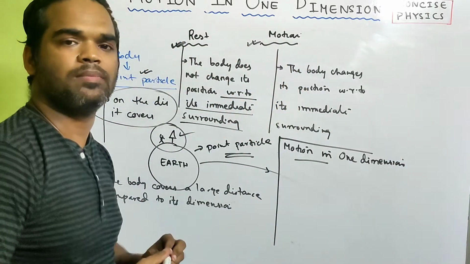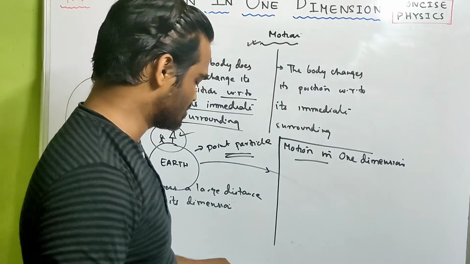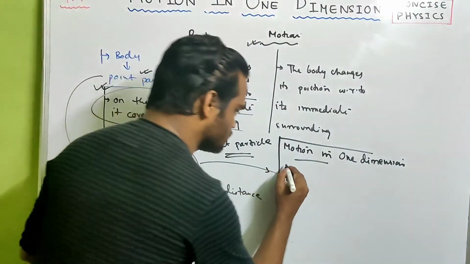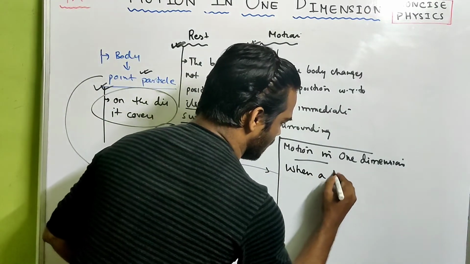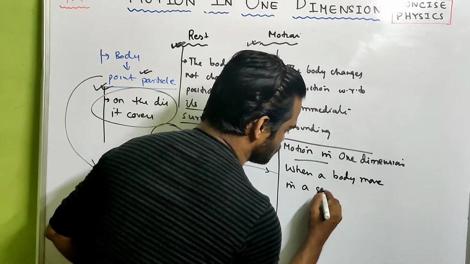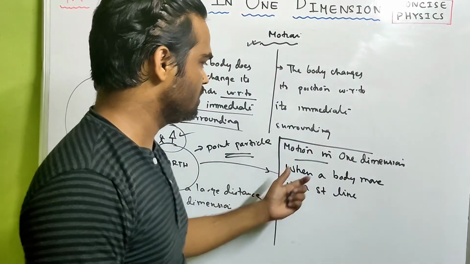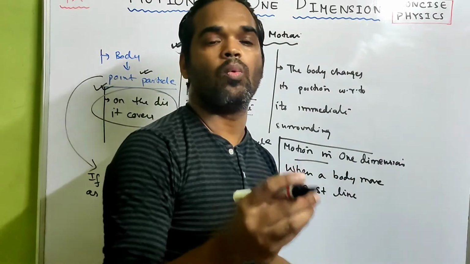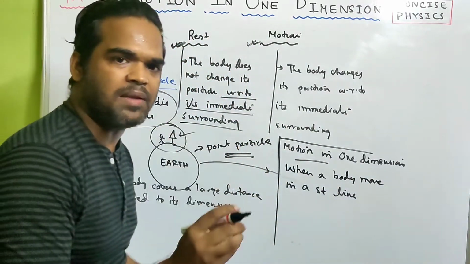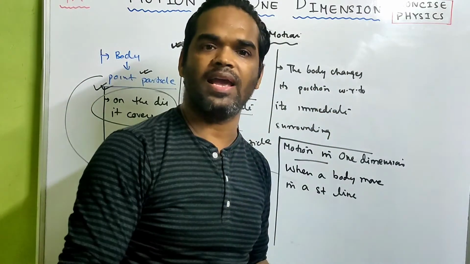Now, what is motion in one dimension? When a body moves in a straight line, then we say that the motion is in one dimension, which means the motion of the body can be represented either by the x-axis or by the y-axis alone.